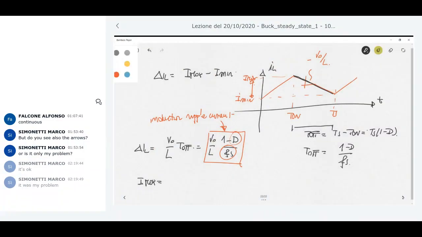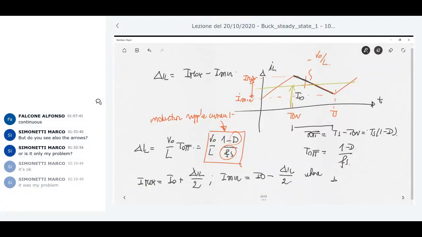Since we know that the average current in the inductance is the I naught current, the maximum is I naught plus delta IL over 2, and the minimum is I naught minus delta IL over 2, where I naught is V naught over R and delta IL is the current here.